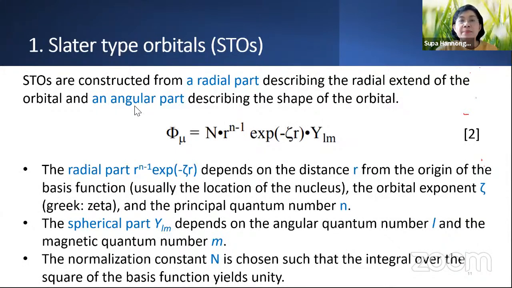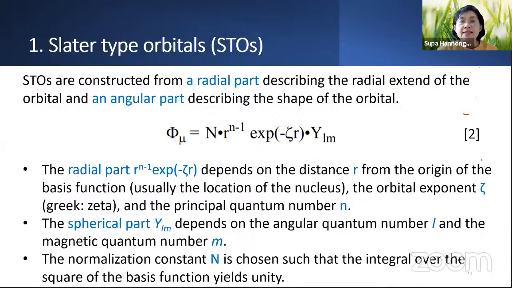Therefore, equation 2 is the representative of the STO, Slater type orbital, in which the radial part means that the function depends on the distance, the radial of the electron from the nucleus.